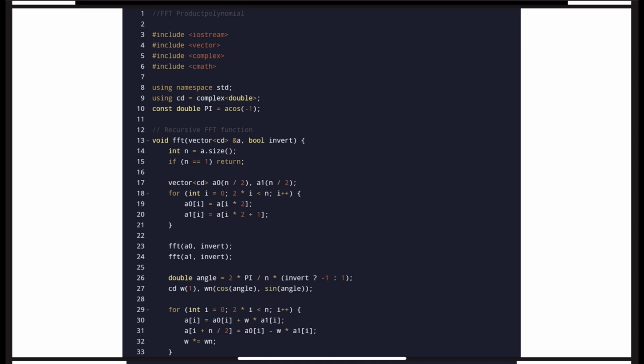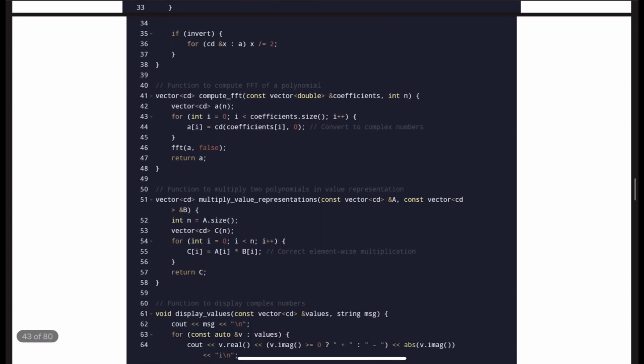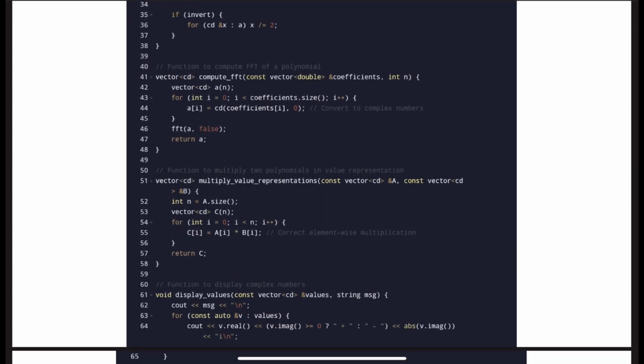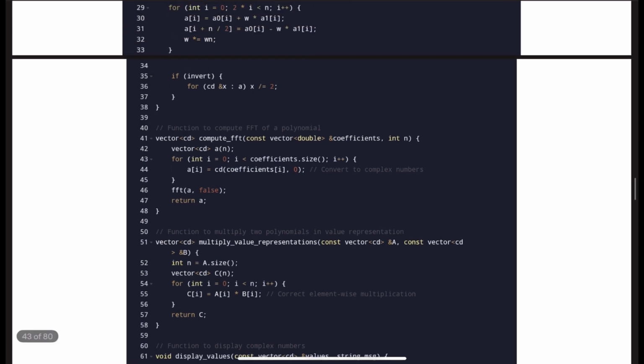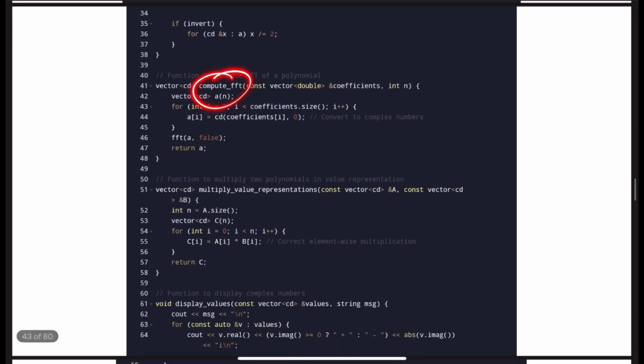Here the for loop adjusts the value of a0 and a1 to get the FFT result, applying the FFT formula. Here is the loop. Then compute FFT. This compute FFT function converts the polynomial coefficients to complex numbers and applies the FFT to them.